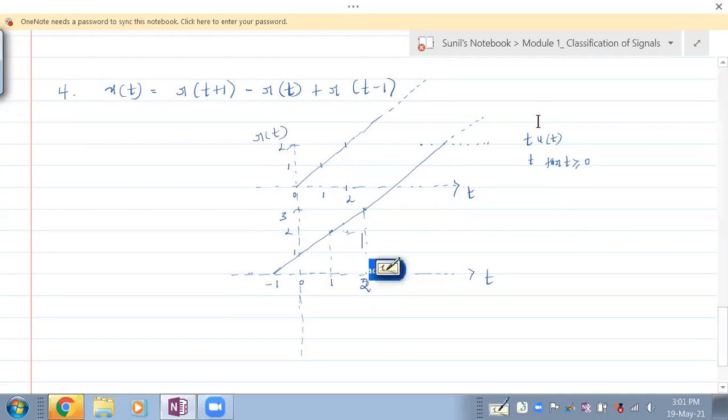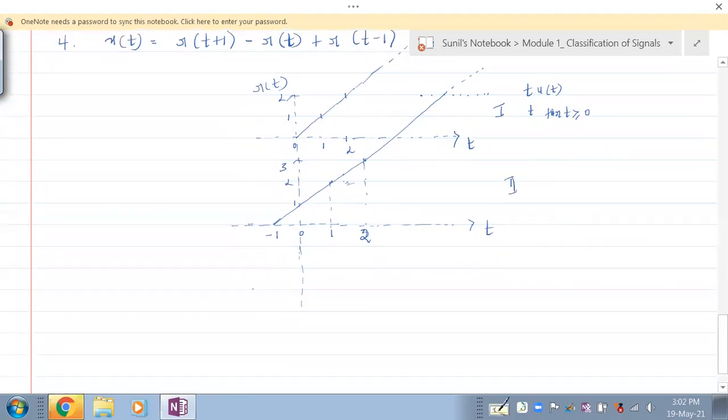Fine. Now let's go on. So let this be our first signal and this be our second signal. Fine. So to obtain r of t plus 1 minus r of t, what we're doing is the second signal minus the first signal.